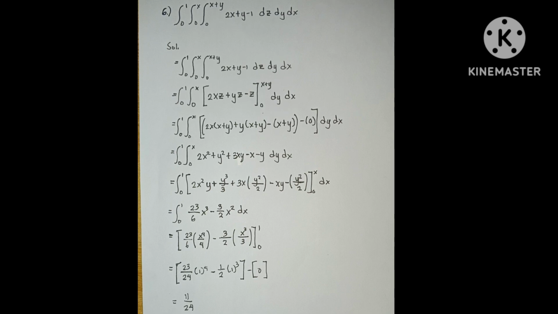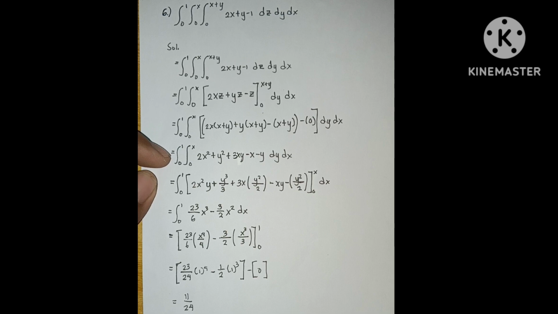We change the z to x plus y: 2x times x plus y, plus y times x plus y, minus x plus y, minus 0. Any number that we multiply or add 0 to is still the same. Next, we multiply 2x to x plus y here.